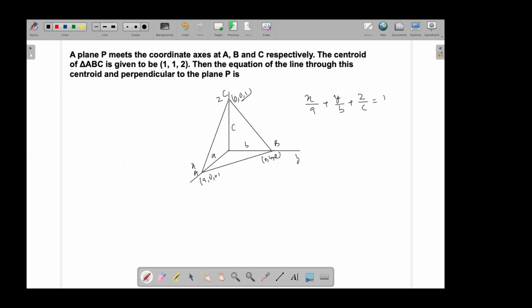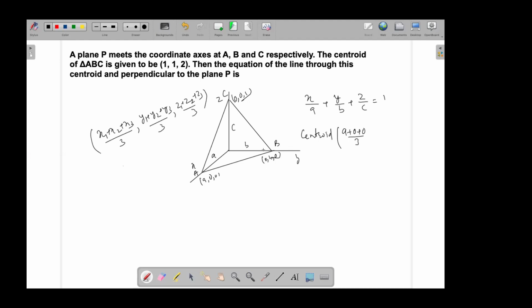So if these are the coordinates, we know the centroid coordinate would be A plus 0 plus 0 by 3. So our formula is x1 plus x2 plus x3 by 3, comma, y1 plus y2 plus y3 by 3, and z1 plus z2 plus z3 by 3. This is my centroid.